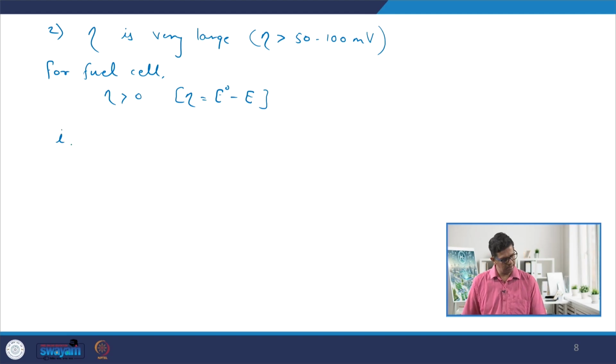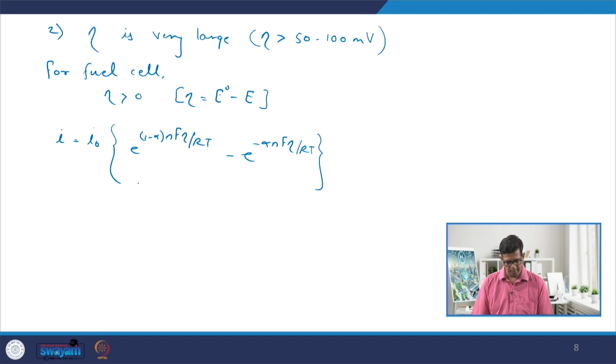So, let us write this Butler-Volmer equation one more time, a simplified version: e to the power (1 minus alpha) nF eta by RT minus e to the power minus alpha nF eta by RT. What will happen if this eta is positive in case of a fuel cell?